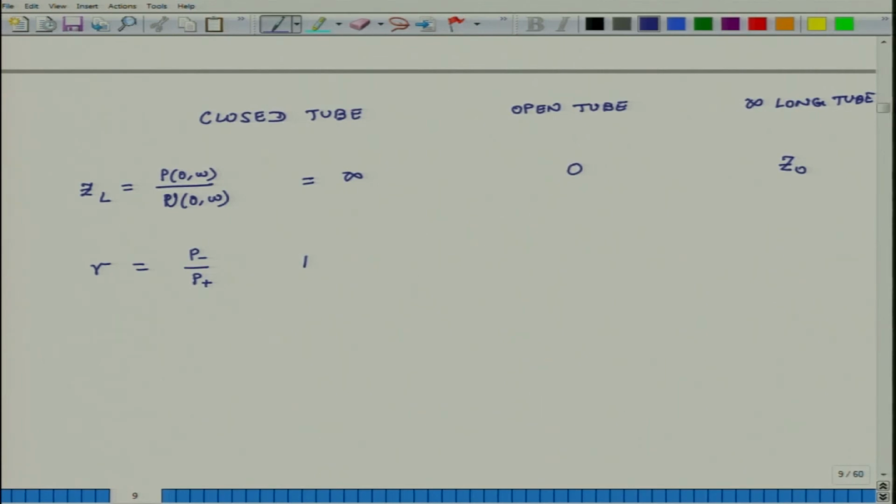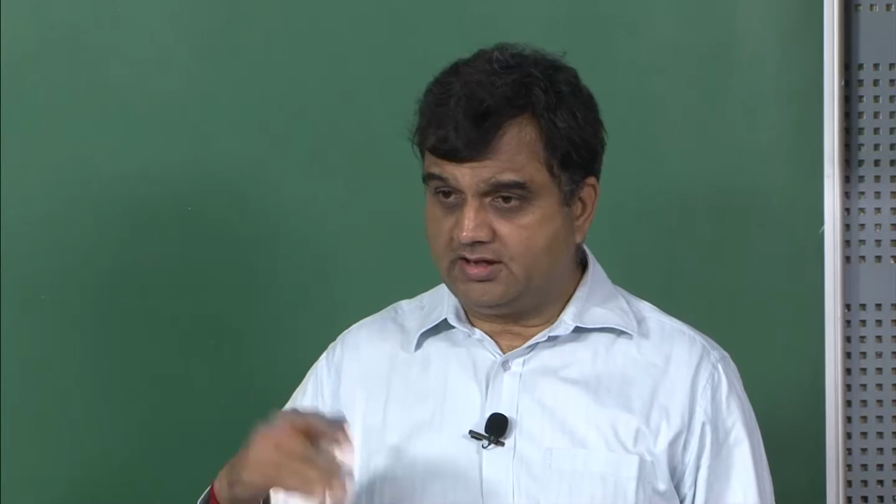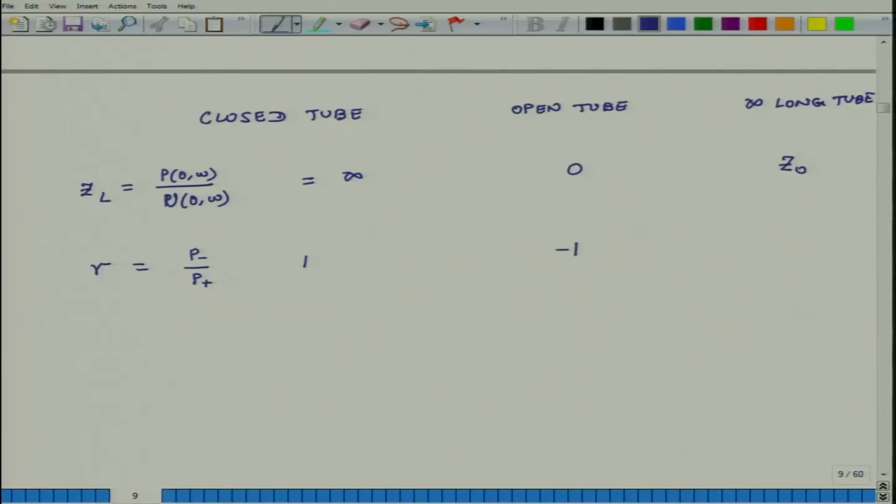In an open tube, the amplitude of the reflected pressure wave is the negative of that of the forward travelling wave. So, this number is negative 1, and in an infinitely long tube there is no reflected wave. So, this value is 0.